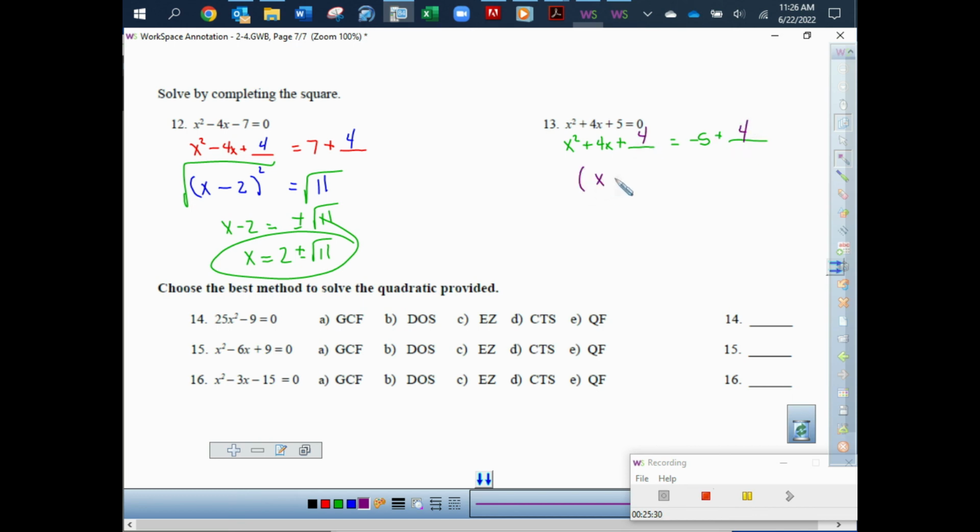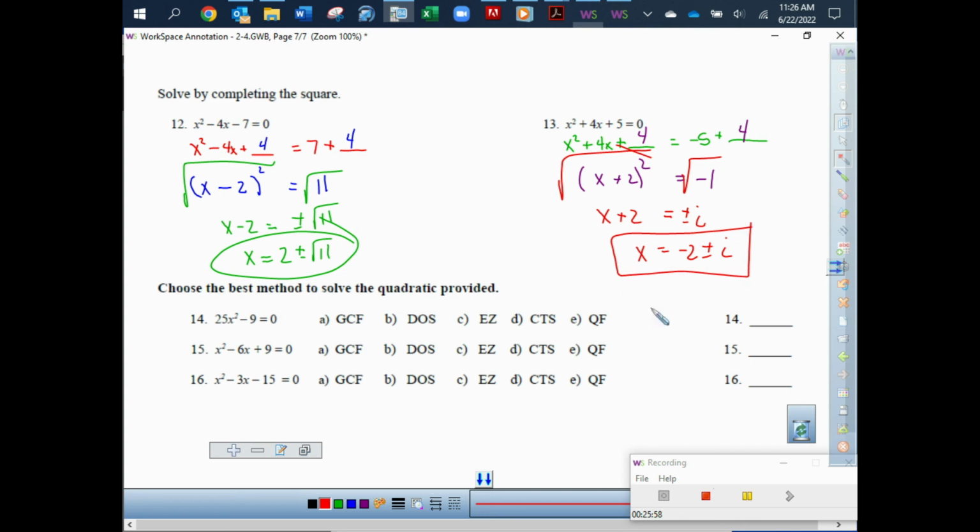That would be x plus 2 quantity squared, square root of this, square root of that, sign from the middle, add these up. Oh no! Negative. That means we're going to get some imaginary answers when we square root both sides. So don't forget your plus or minus, and the square root of negative 1 is i in that case. Then we subtract that over and get negative 2 plus or minus i.